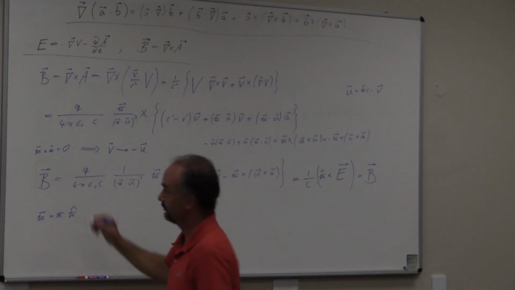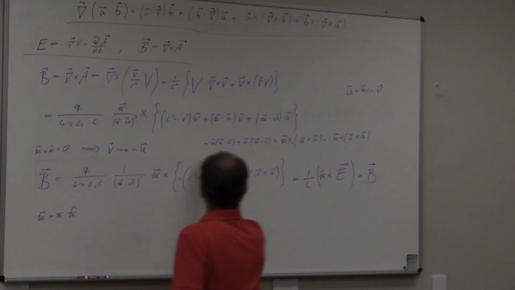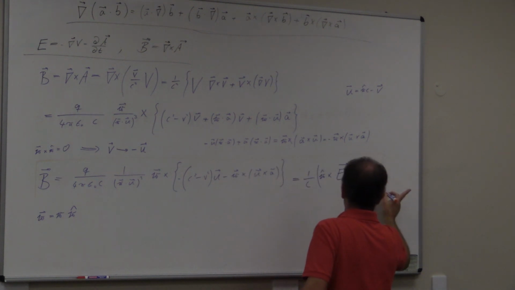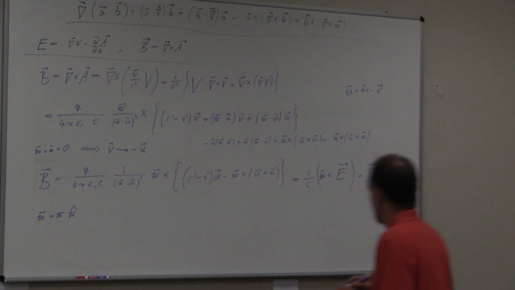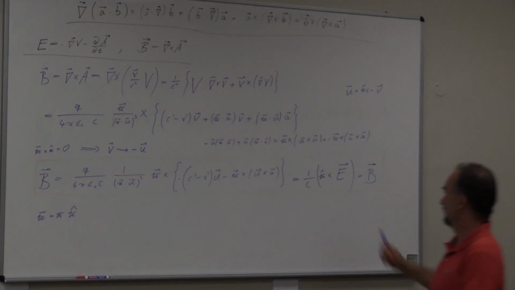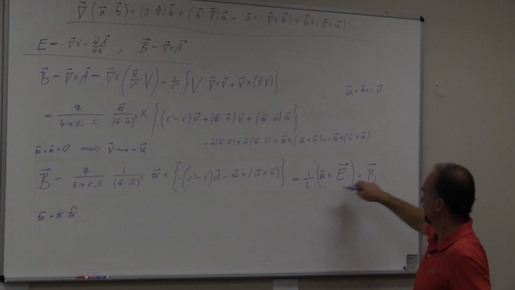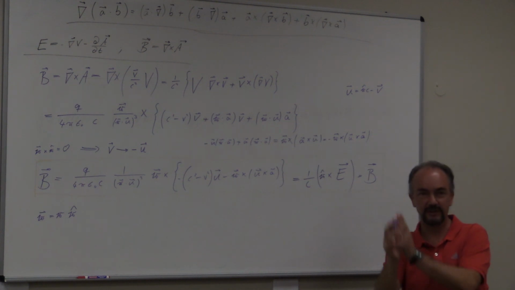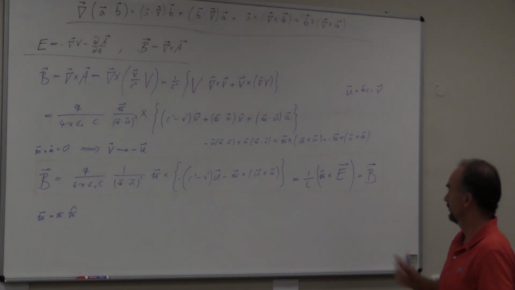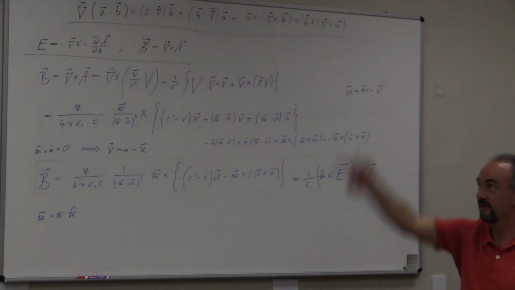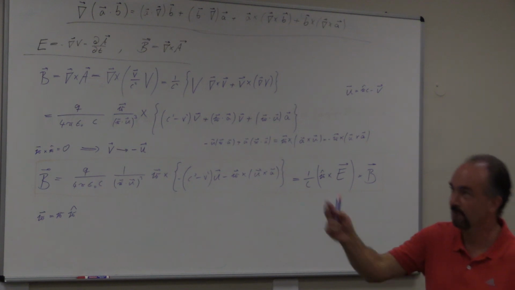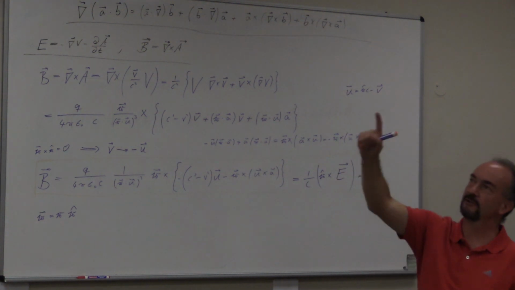The magnetic field B is almost the same as the electric field, only that B is R cross E. That means the electric field and magnetic field are always perpendicular to each other. If you have a point source that is accelerated in some direction, the electric field goes that way.